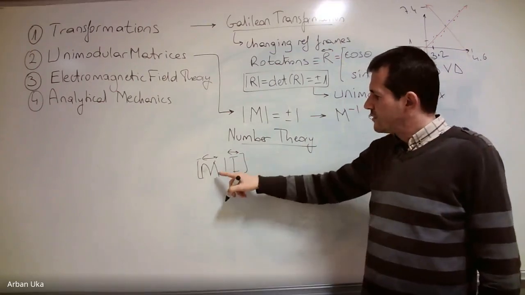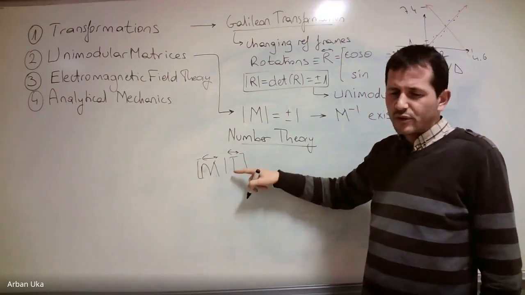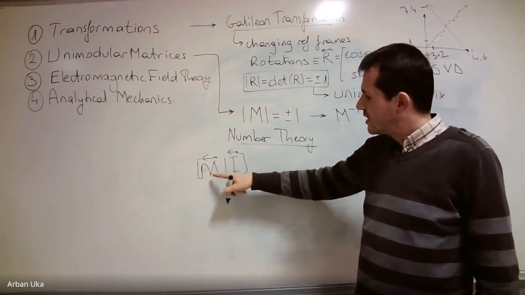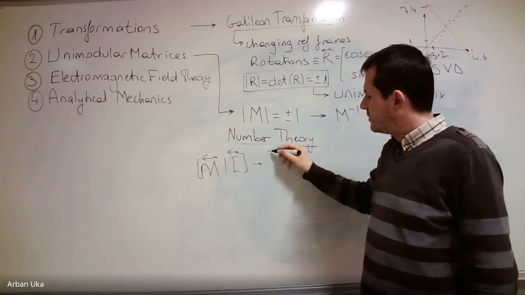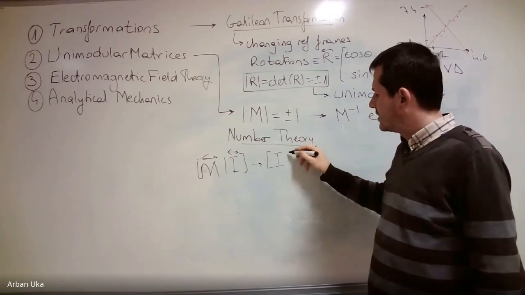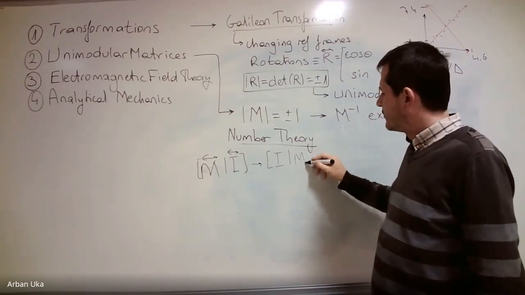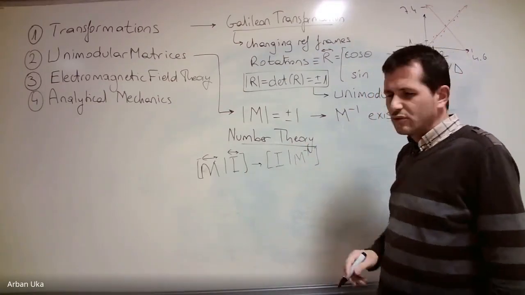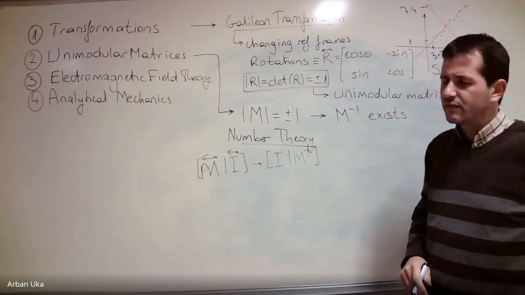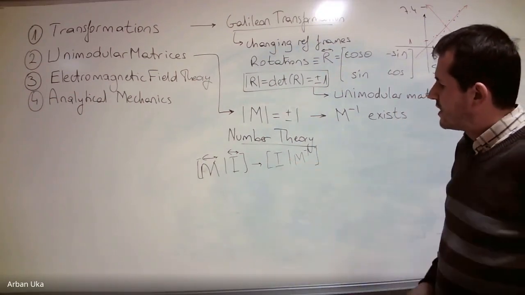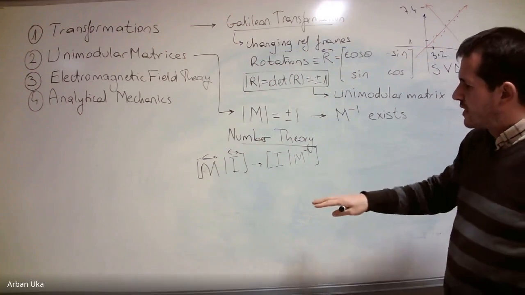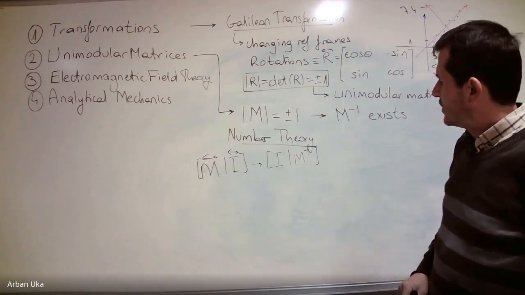We do elementary row operations, trying to convert this M into an identity matrix, and the other side will become M inverse. If you look at basic linear algebra that you took in the first year, you know that we have done this before. This was one method using elementary row operations.